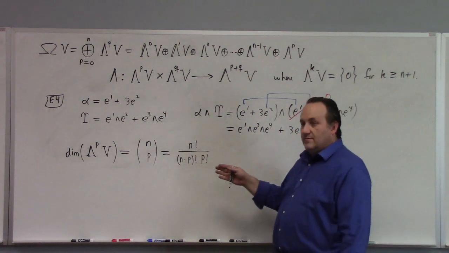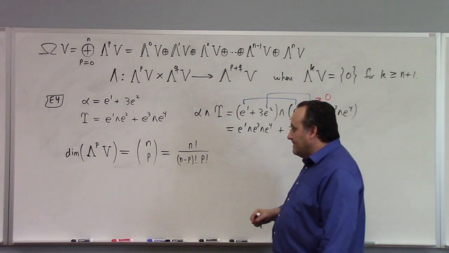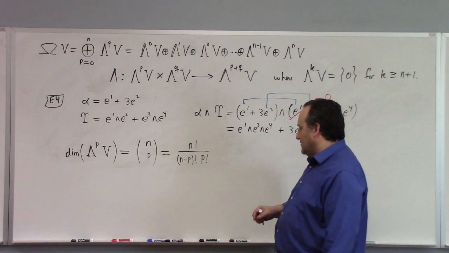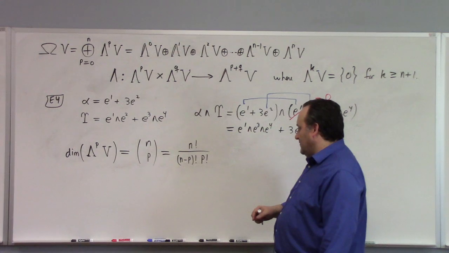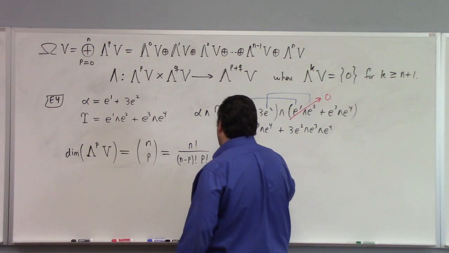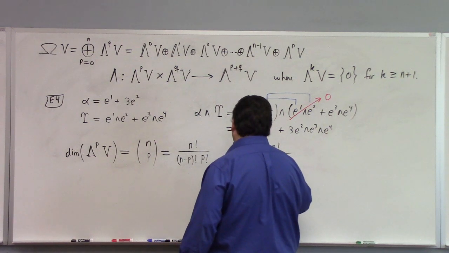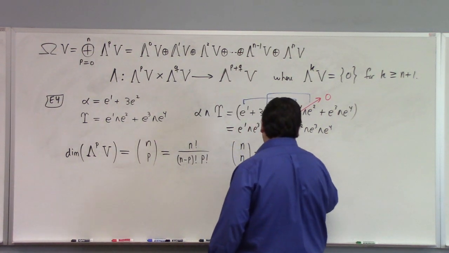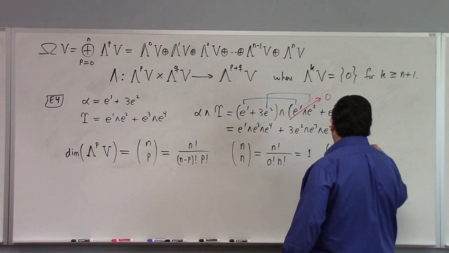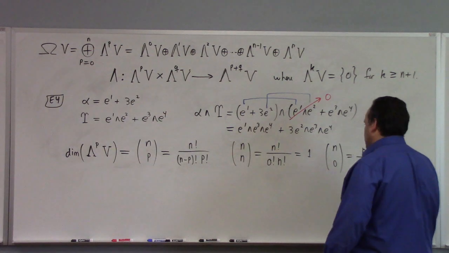It better be n minus p, otherwise I get a negative factorial. We can spot check it. What happens with n choose n? That's good. n choose 0. That's good.